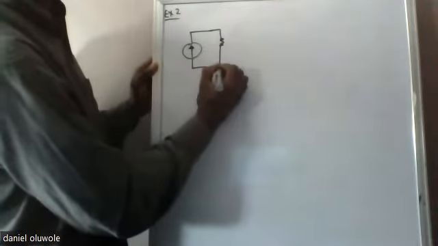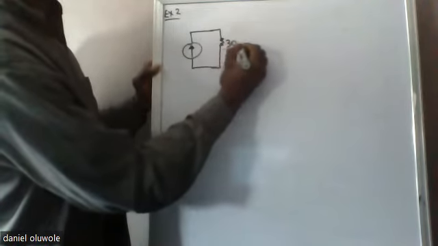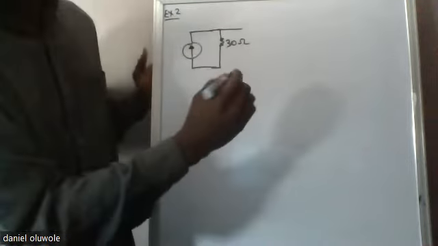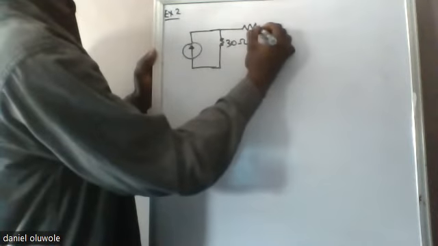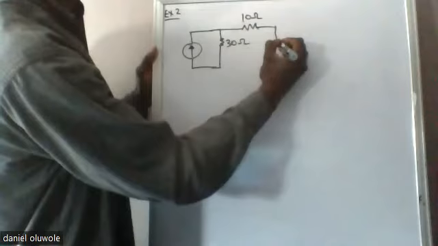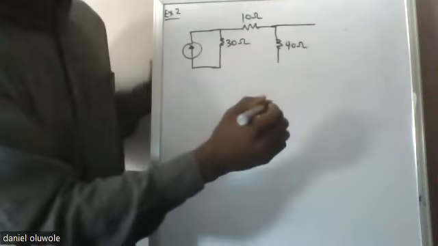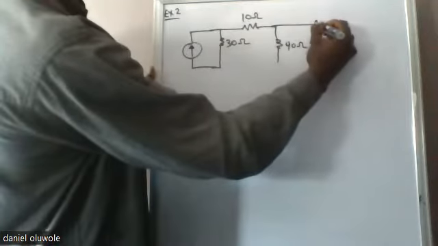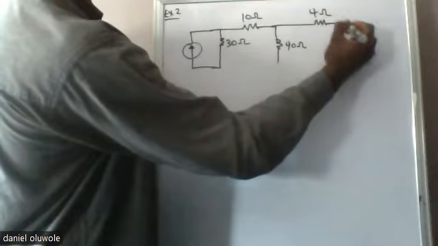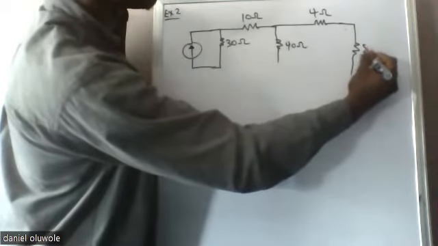It has a resistor value here, which is 30 ohms. Then we have another one here, which is 10 ohms. Then we have one here, which is 40 ohms. Then we have another one here, 4 ohms, and 8 ohms.